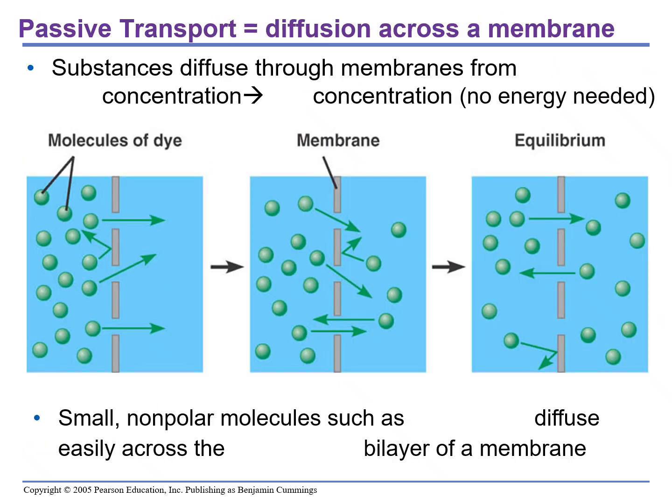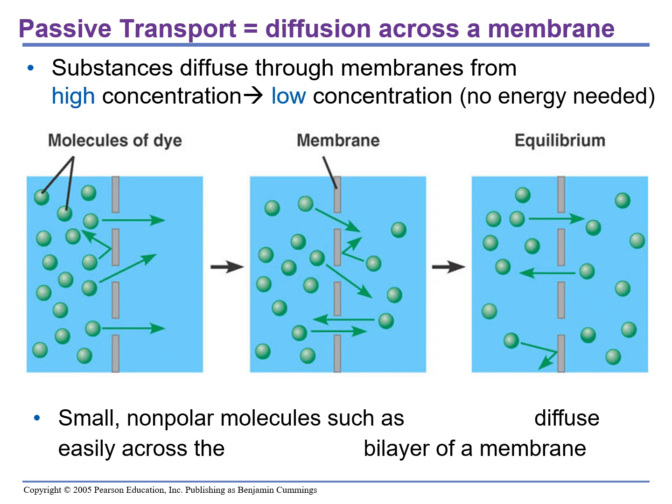Now let's look at the different types of transport. We focused on transport, but we didn't focus on the types of transport. So we have passive transport, which does not need energy. And this is when the substance diffuses through the membranes from a high concentration to a low concentration.